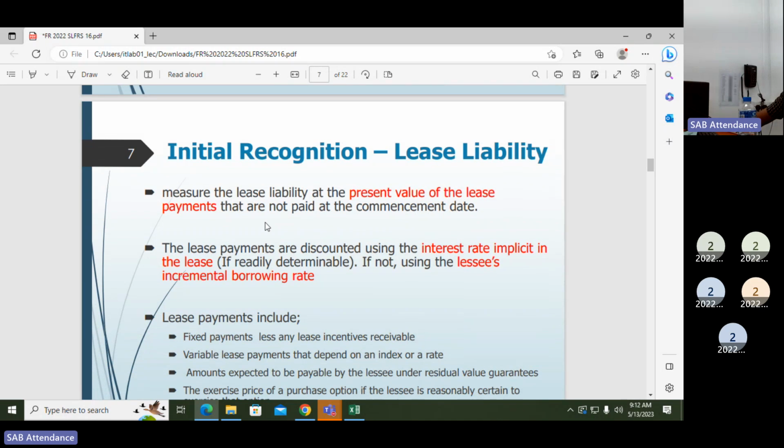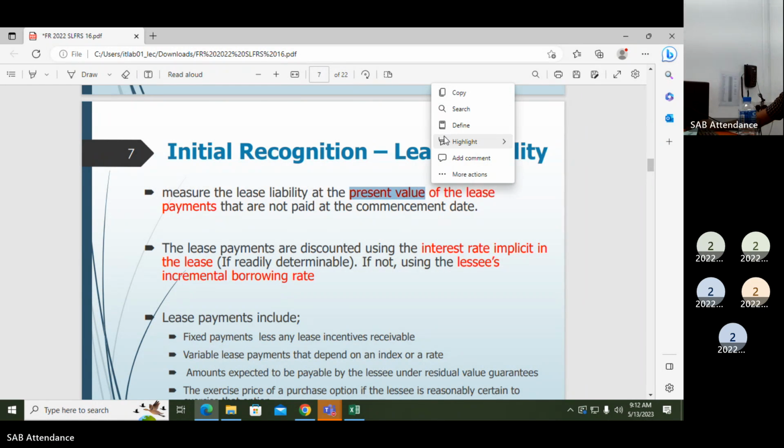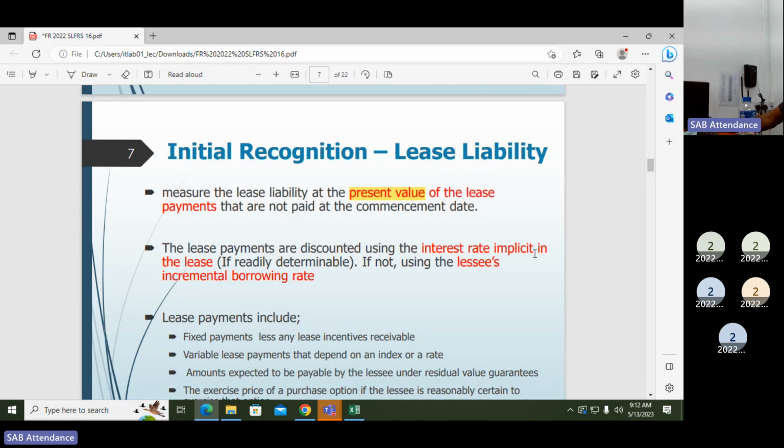So the liability is basically the present value of the lease payments. Then how do you get the present value? To get the present value, if the lease agreement has an interest rate implicit in the lease, then you may get the lease interest rate in the agreement itself.